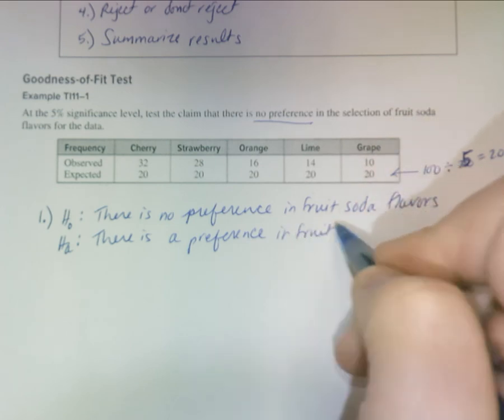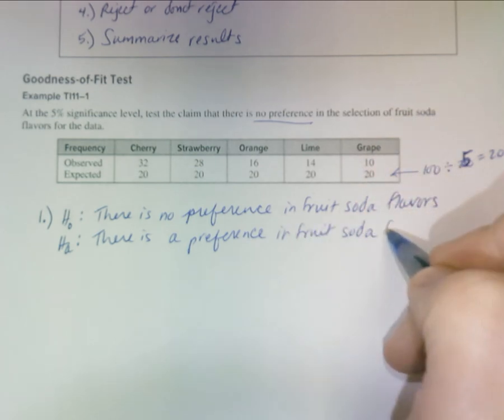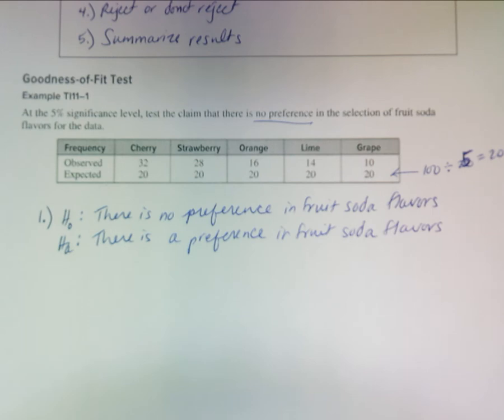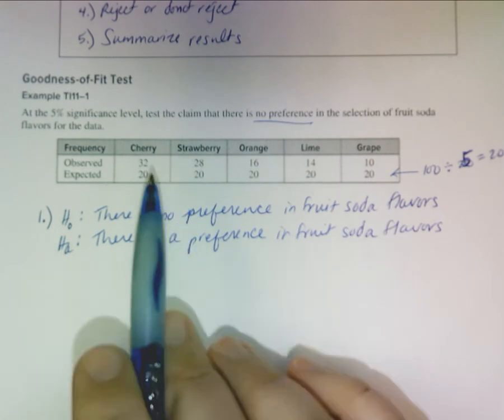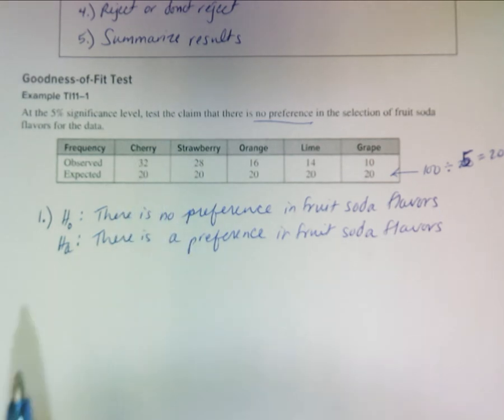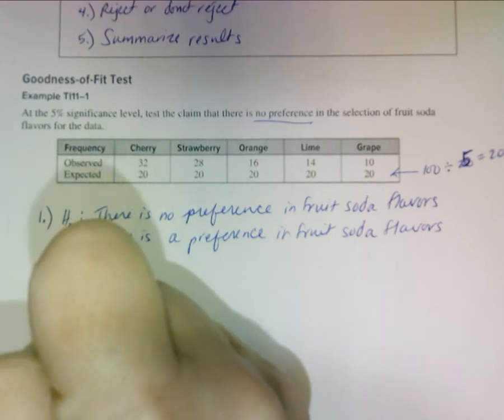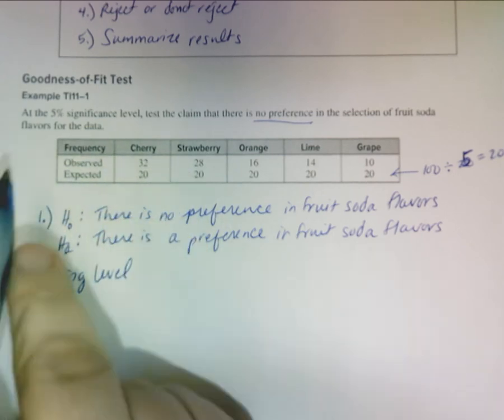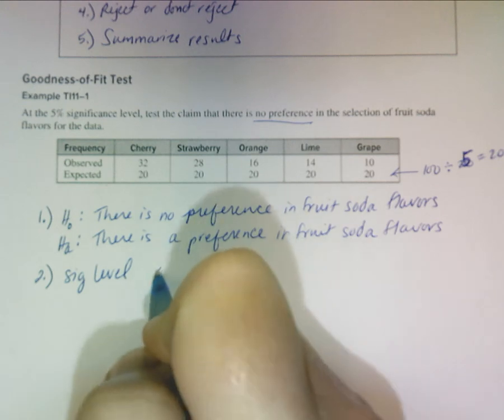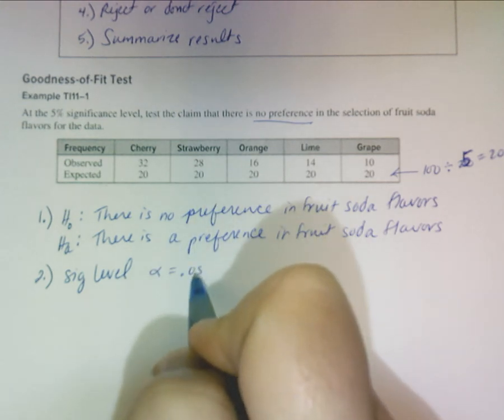Now, this is not going to tell you which one, although it might look like, oh, everybody likes cherry more. No, all it's telling you is there is some kind of preference between these categories, okay? Step number 2, the significance level was 5%, so our alpha is 0.05.